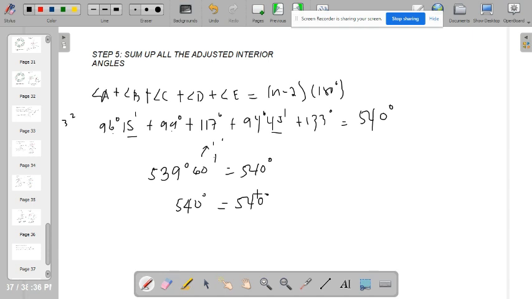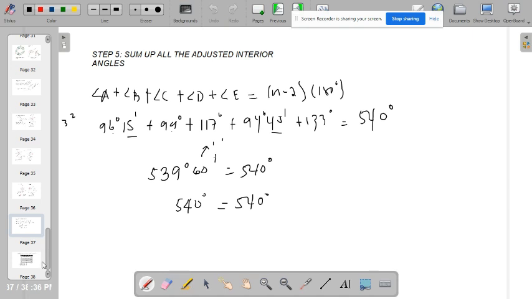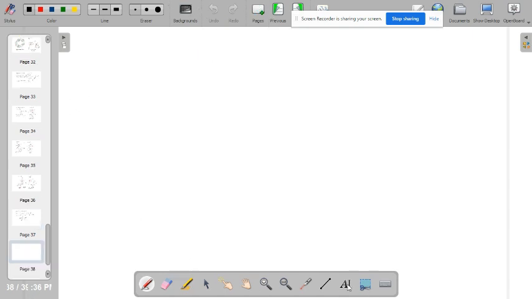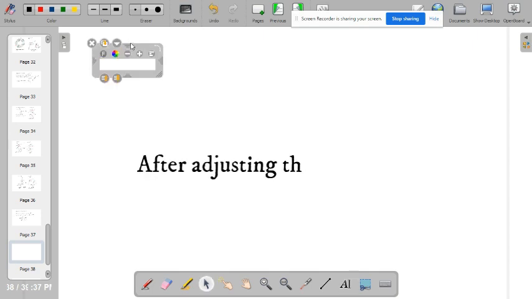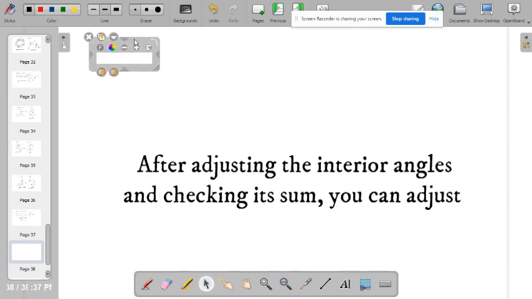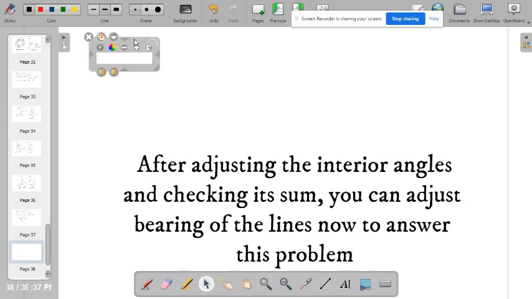Now, what should we do next? Step 6 is the final step in which you are going to adjust the angle or the bearing. Okay, so step 6, after adjusting your interior angles, you also adjust the bearing.